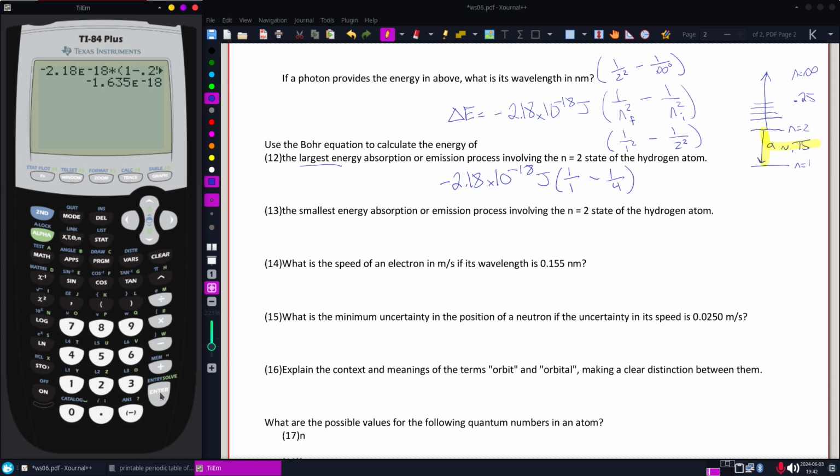And I get, and since it's a delta E, I'm going to put this as a positive value. My delta E for that case is 1.64 times 10 to the negative 18th joules.